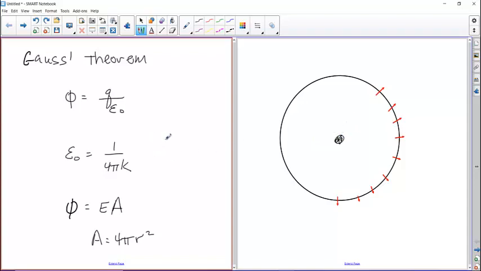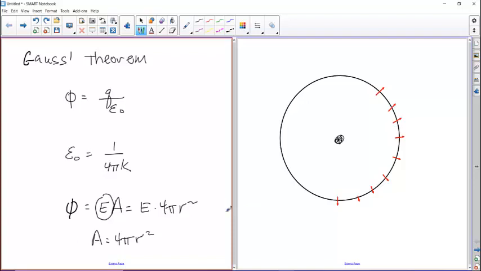So you can go the other direction, though, if you wanted to figure out what the electric field strength is at a particular point in space. Here's the electric field strength, and the area for a sphere is 4 pi r squared.